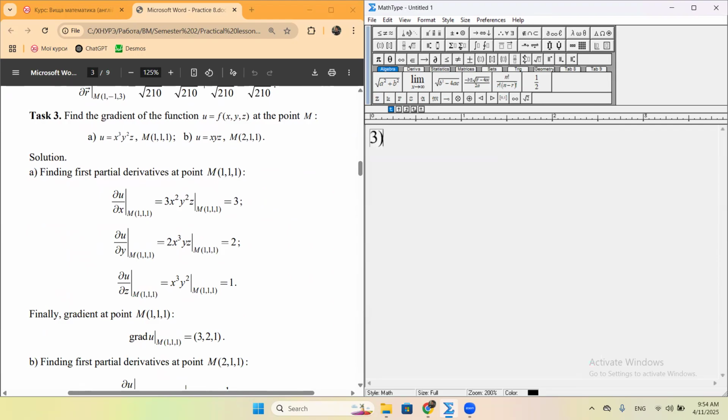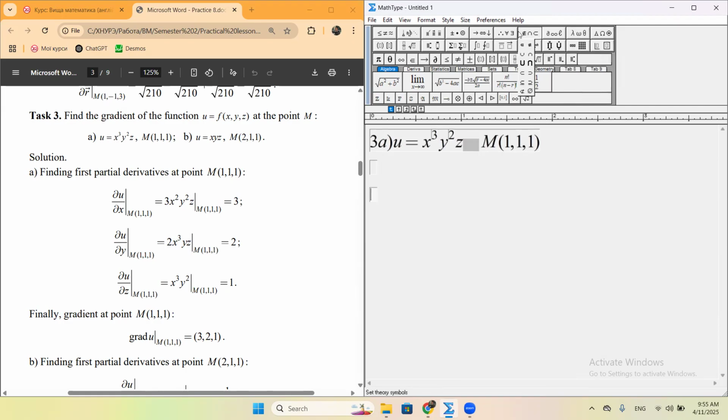We will have to calculate the gradient of the function u, that equals x cube by y square by z. The point M has coordinates 1, 1, and 1. What is actually the gradient?